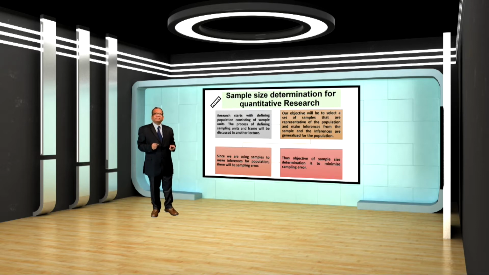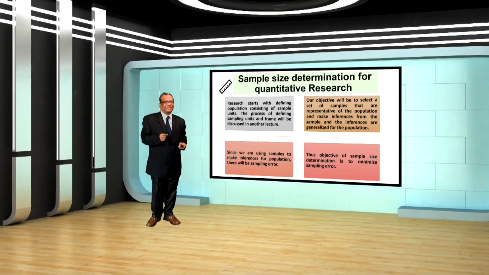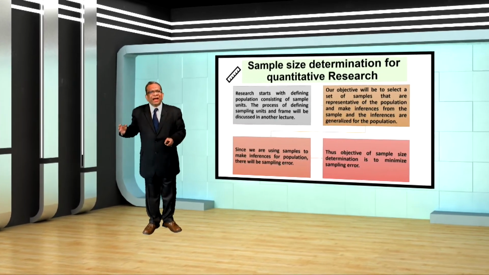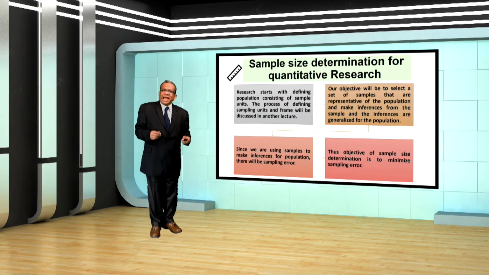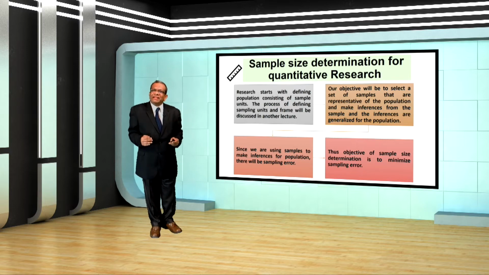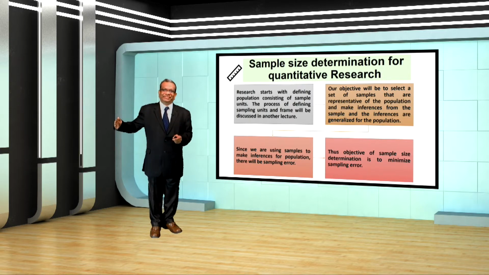Research starts with defining a population consisting of sample units. The process of defining sample units and frames will be discussed in another lecture. Our objective will be to select a set of samples that are representative of the population and make inferences from the sample, and the inferences are generalized for the population.